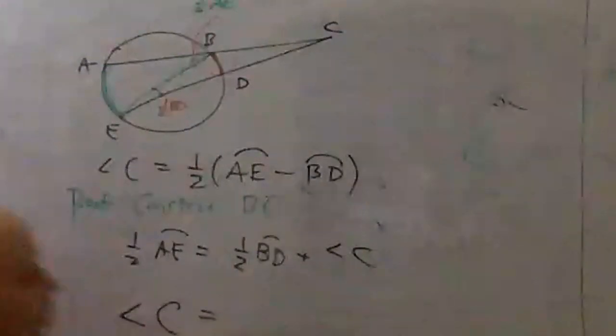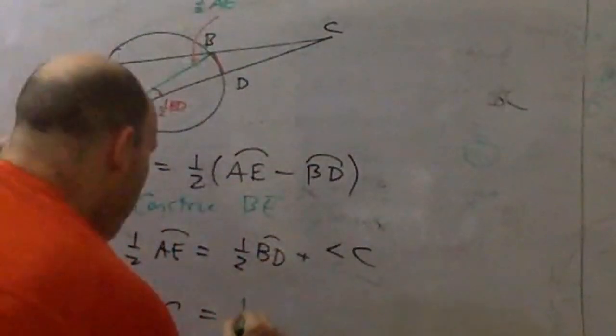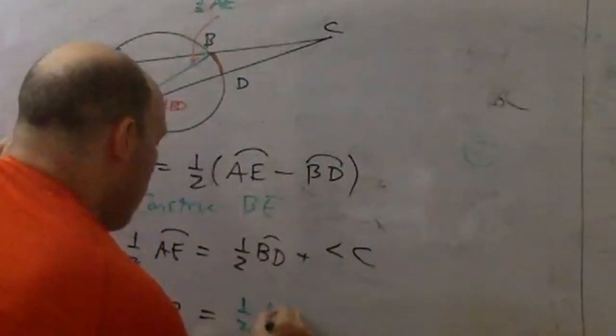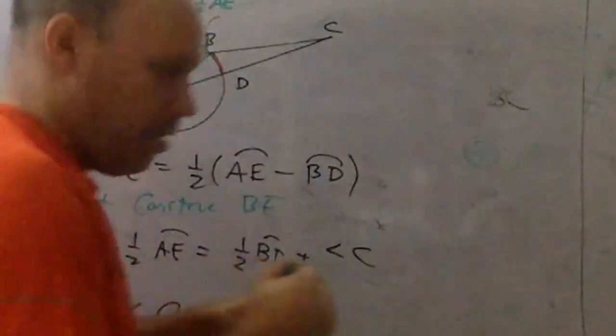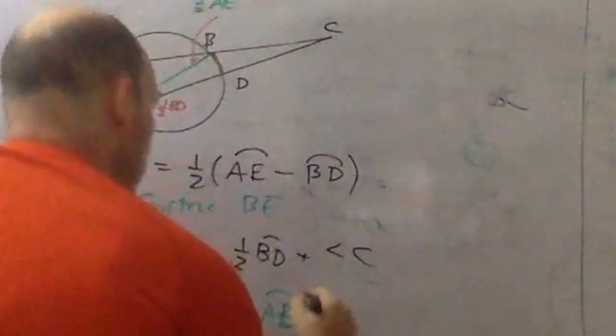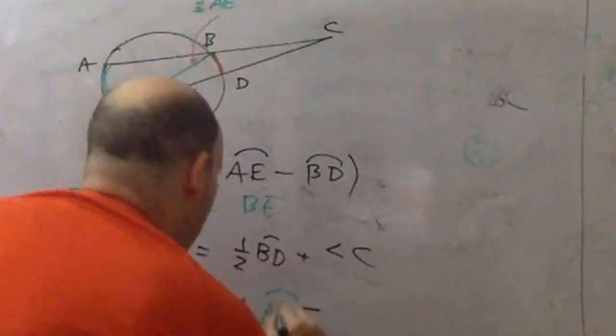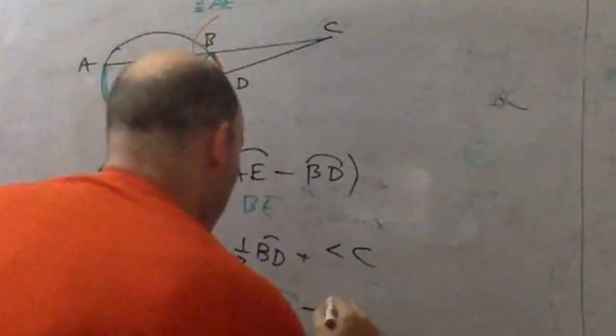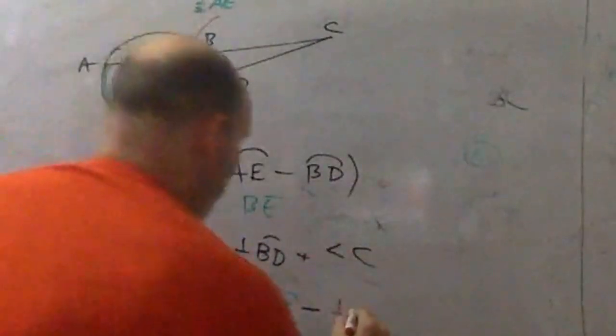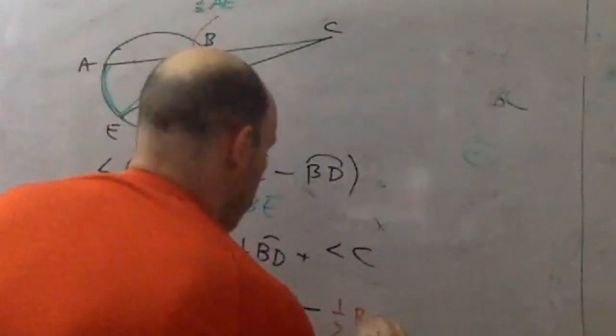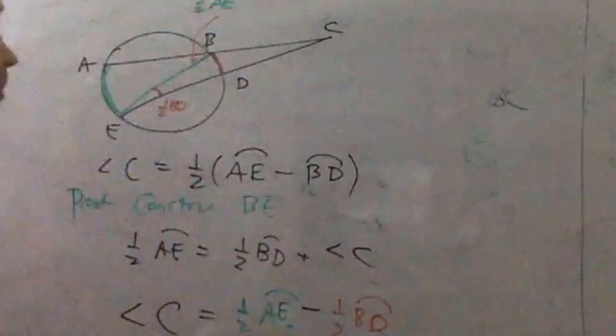Angle C is equal to 1/2 AE minus 1/2 BD. And there's secant, secant, same idea.